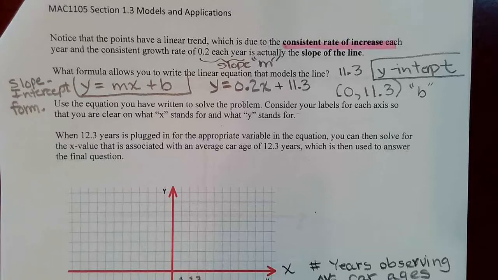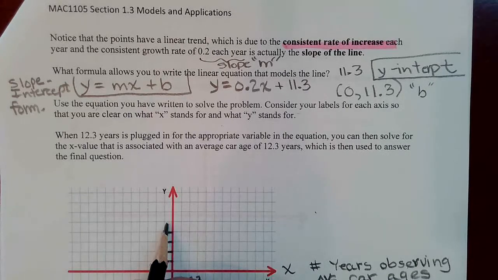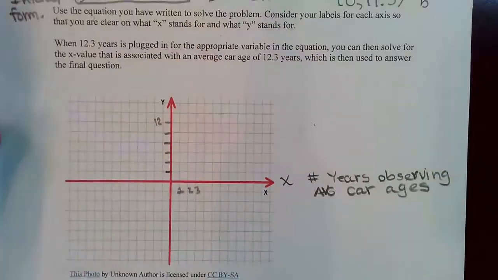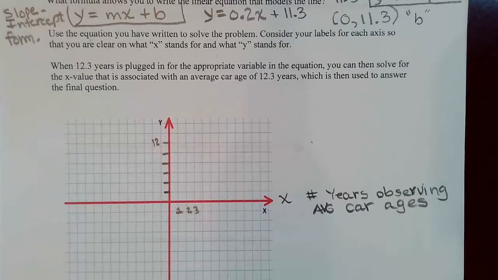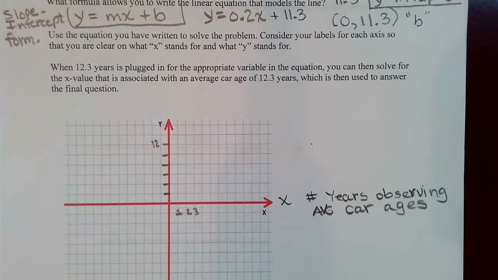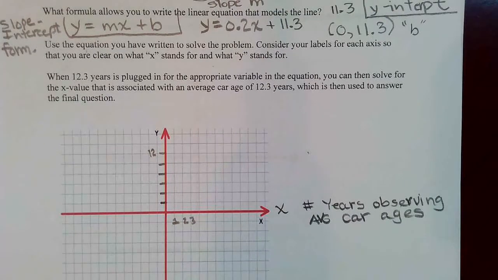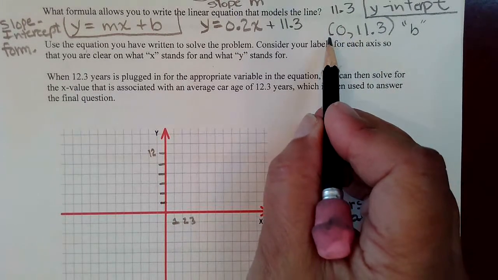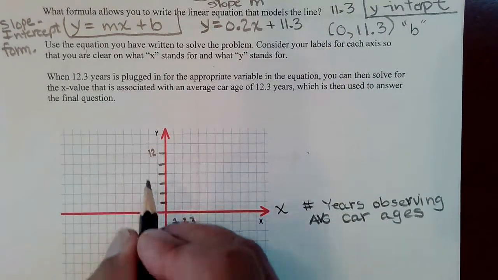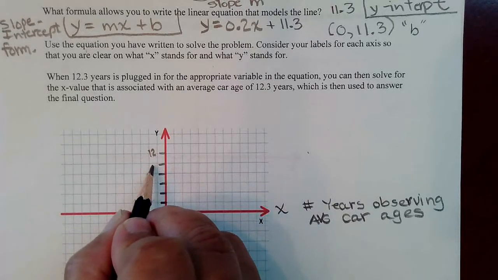So we could call this 2, 4, 6, 8, 10, 12. All of these points are going to be extremely close together only because they're only jumping in tiny increments, which is increments of 0.2. So when we go and plot the points that we had on the previous page, remember the first one was 0 and 11.3. So that's going to be about, let's see, this is 10 right here.